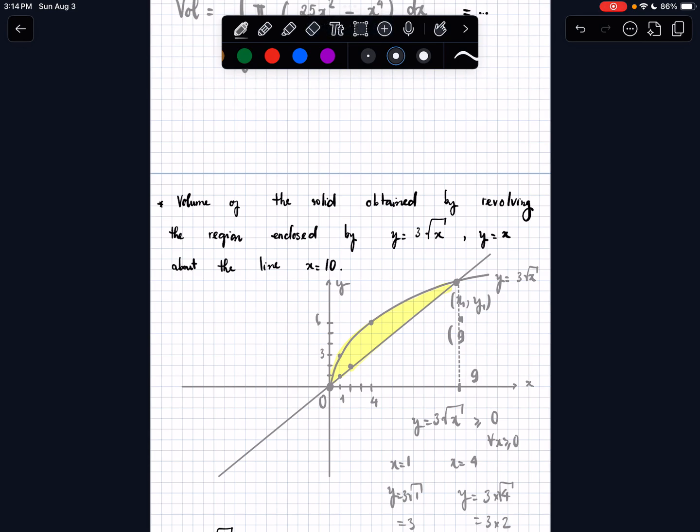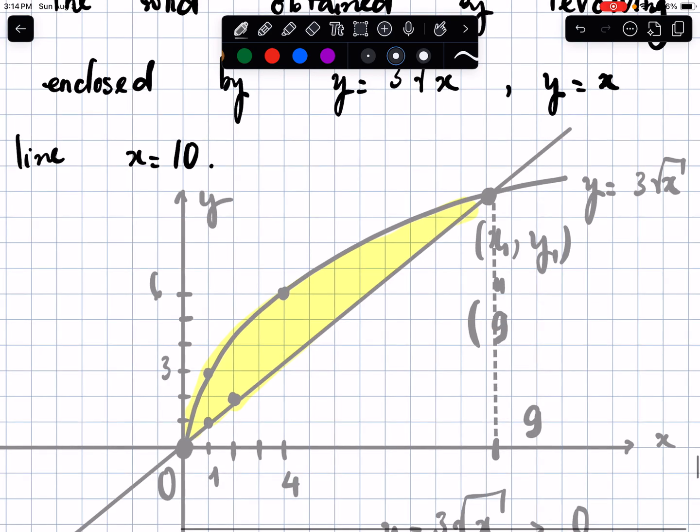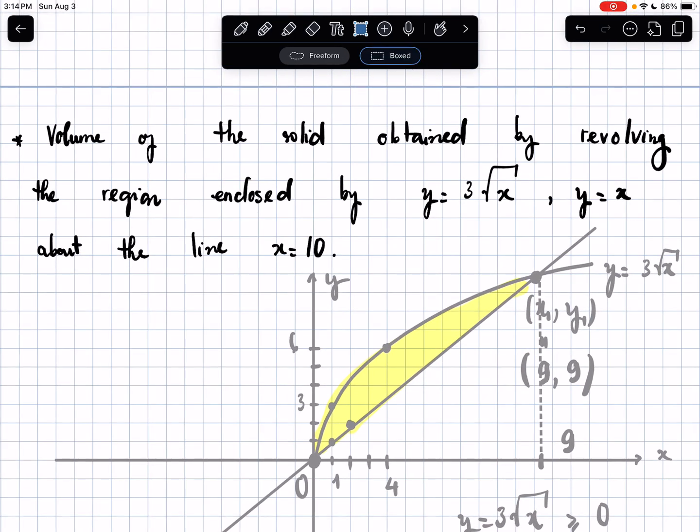And therefore, because the point (x1, y1) is on the line y equal to x, the y coordinate is also 9. So (x1, y1) is (9, 9). So the line x equal to 10 is here.